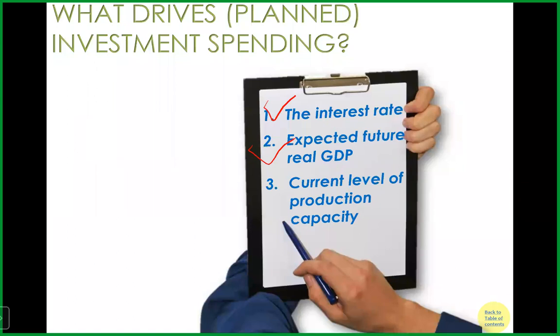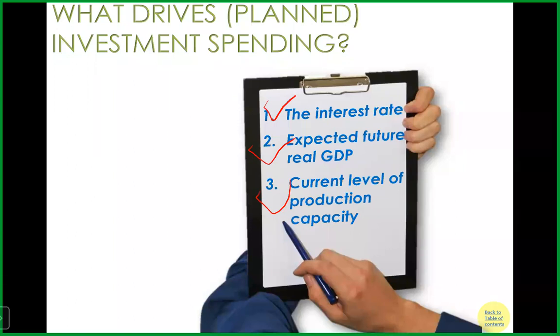Current level of production capacity. If you are not able to function at full capacity, meaning the demand is weak, you don't want to invest, right? So this is similar to two, but this is about current, and the other one is about future expectation. But in either case, it just tells you how strong demand is, right?